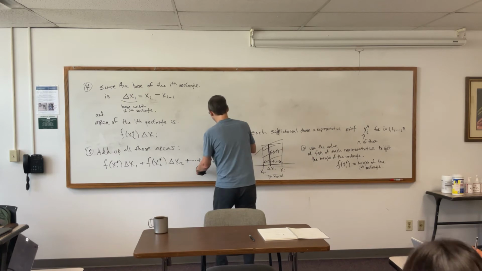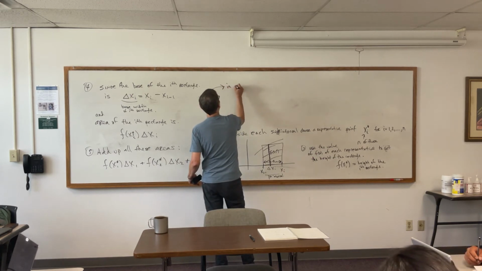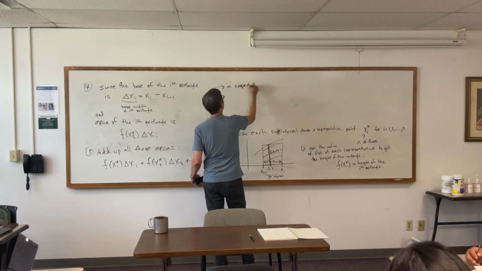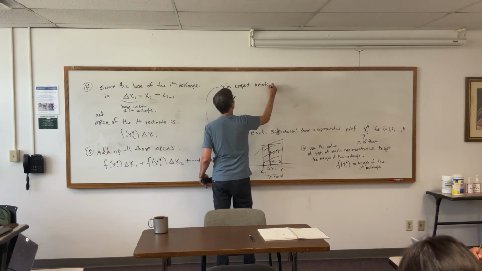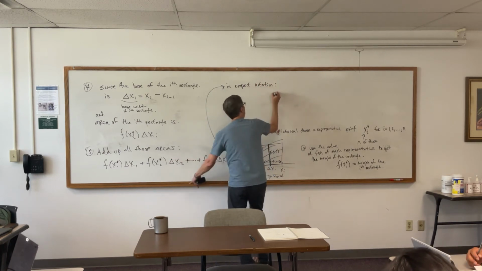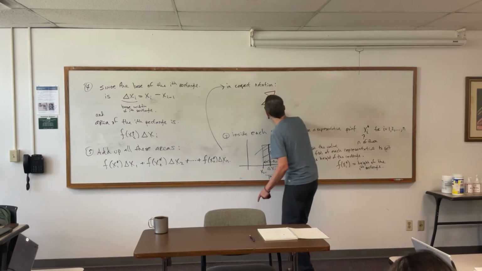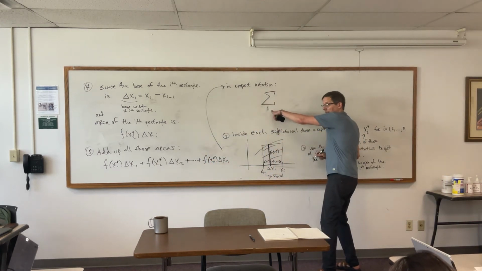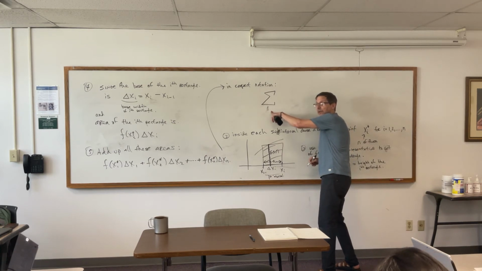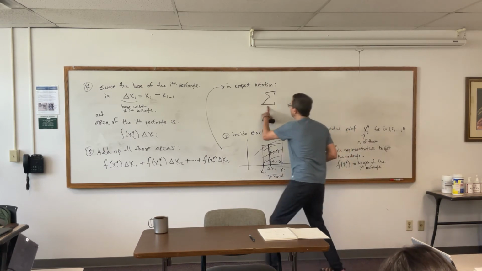So in compact notation, this is the sum. So I put a capital Greek sigma. This means sum. It's the Greek letter S, stands for sum.